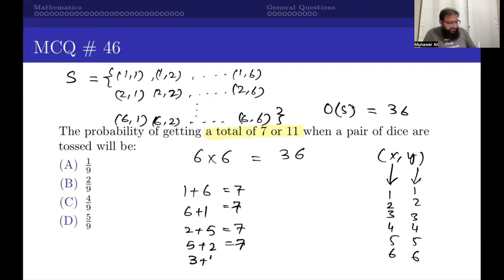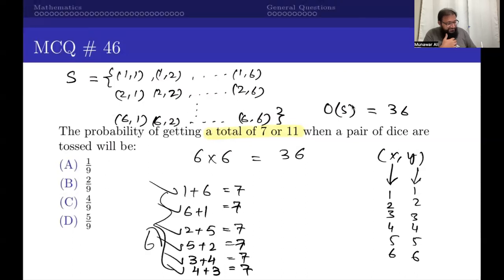And 3 plus 4 and 4 plus 3, these both are going to be 7. And I think only these possibilities for 7 are there. So how many are these? 1, 2, 3, 4, 5, 6. 6 in total. And for 11, it's either 5 plus 6, which is 11, or 6 plus 5, which is 11. So there are only two.